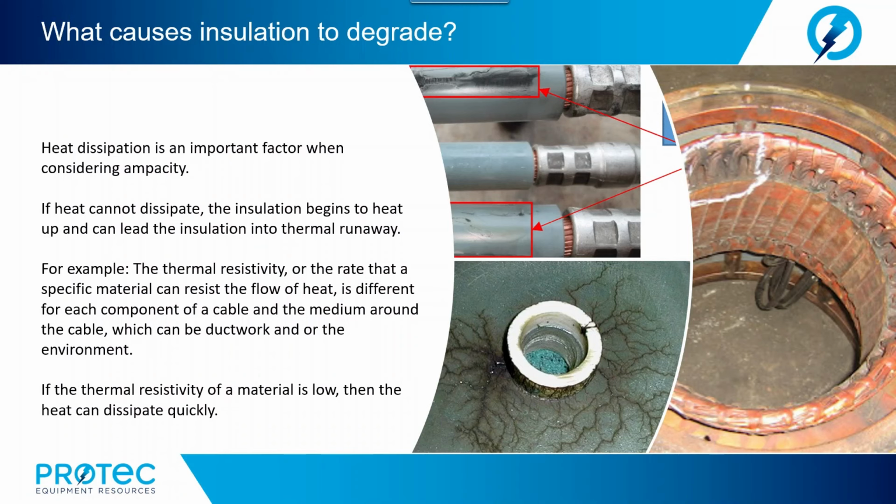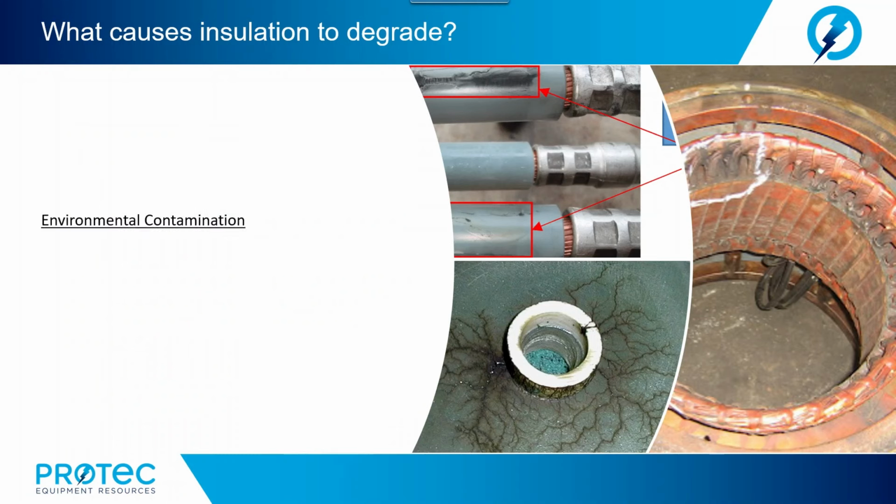For example, the thermal resistivity, or the rate that a specific material can resist the flow of heat, is different for each component of a cable and the medium around the cable, which can be ductwork or the natural environment, such as in direct buried applications. If the thermal resistivity of a material is low, then the heat can dissipate quickly, removing or displacing the heat away from, in this application, the cable.